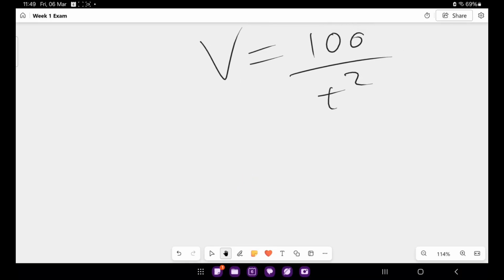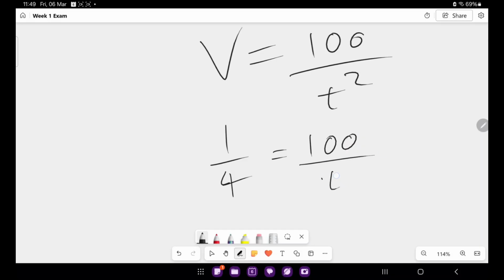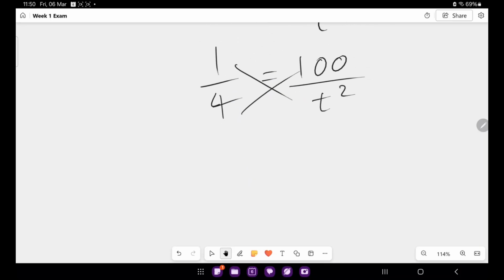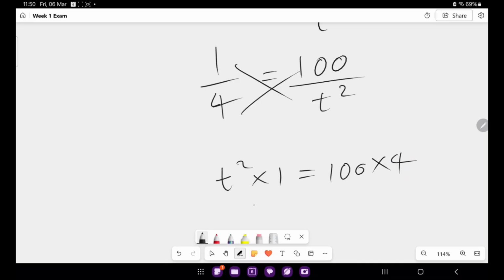And then we replace v with 1/4. So 1 over 4 is equal to 100 over t squared. Okay, so here I'm also going to use cross multiplication. So t squared times 1 is equal to 100 times 4. So t squared times 1, we get t squared, which is equal to 100 times 4, 400.